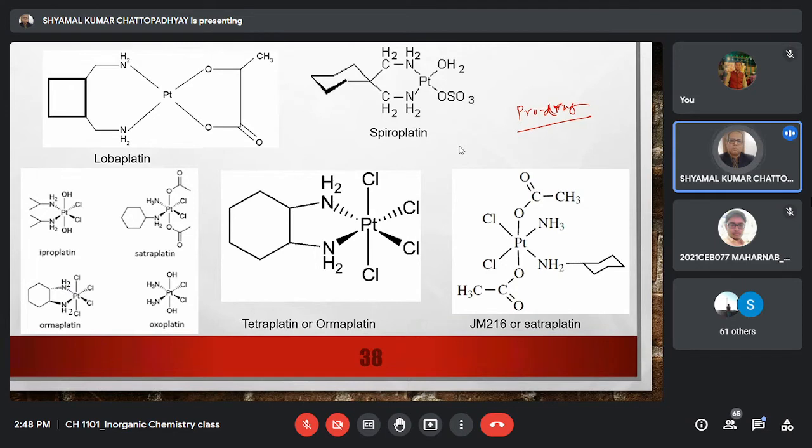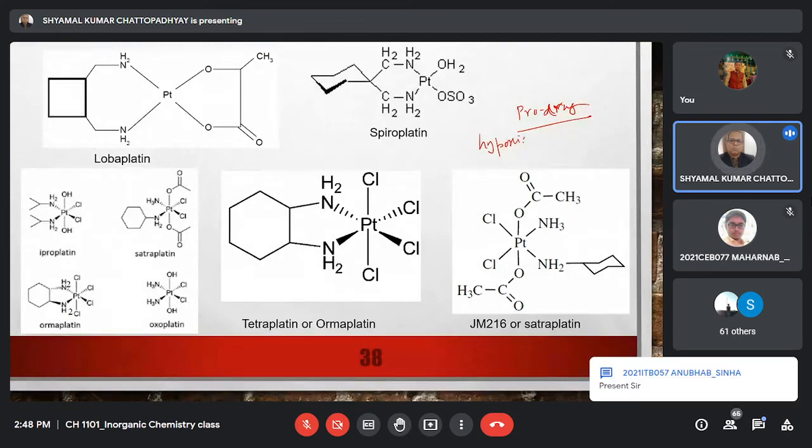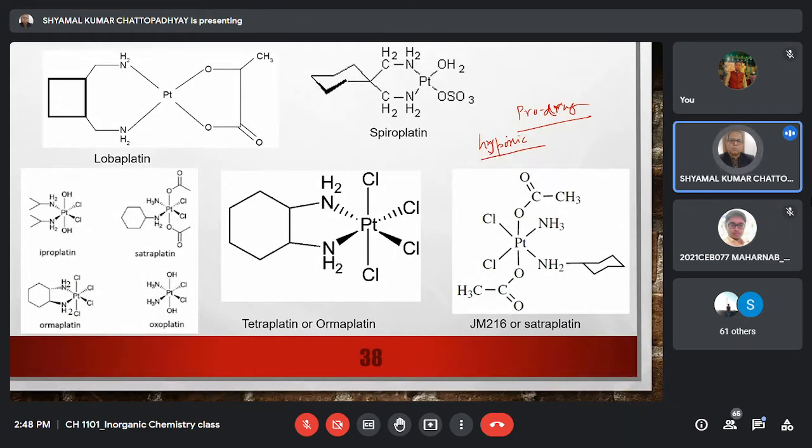Now, once inside the cancerous cells, in the form of platinum 4, cancer cells are what are called hypoxic cells. Cancer cells are hypoxic. That means they have a reducing atmosphere, right? Hypoxic means lower amount of oxygen. Lower amount of oxygen means a reducing environment.